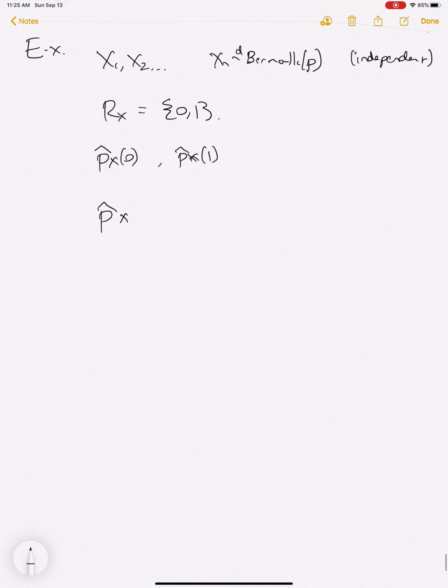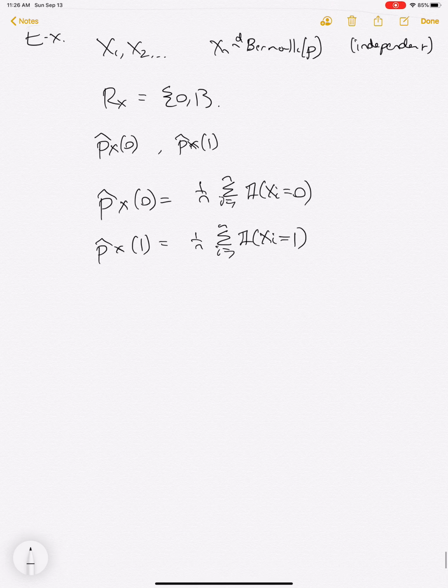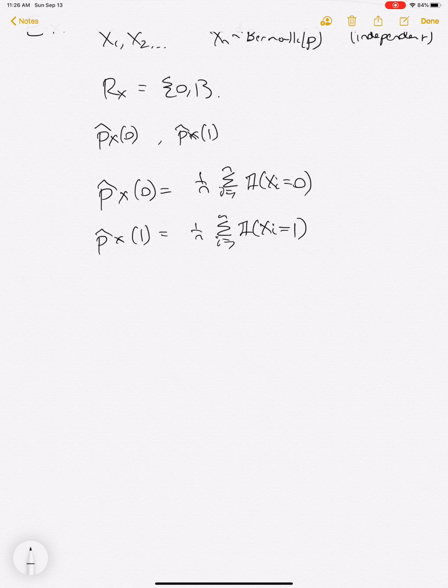By definition, p hat x of 0 is just 1 over n times the sum of the indicator xi equals 0, and p hat x of 1 is just 1 over n times the sum of the indicator xi equals 1, just by definition. And then we know in the population that px of 0 is 1 minus p, and px of 1 is p.